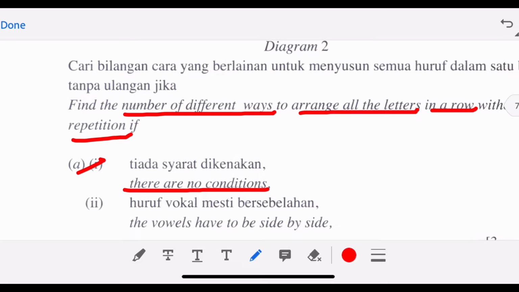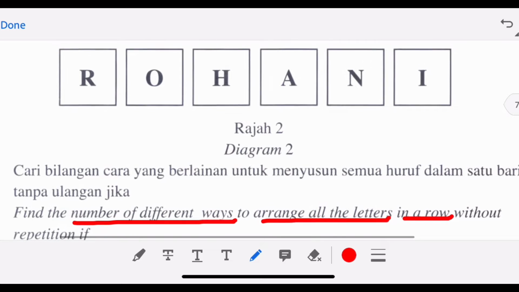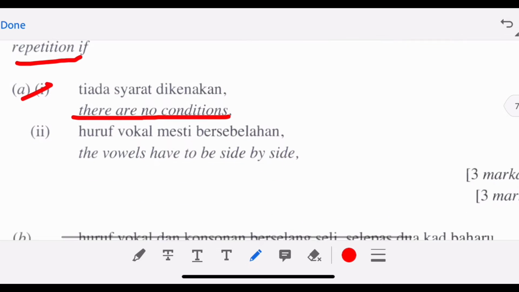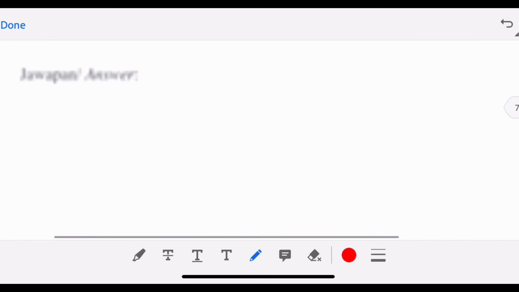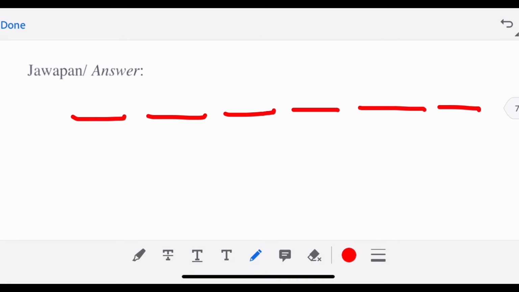So, if no condition, that means you have to arrange all the 6 letters. We can do it using the spaces 1, 2, 3, 4, 5, 6.